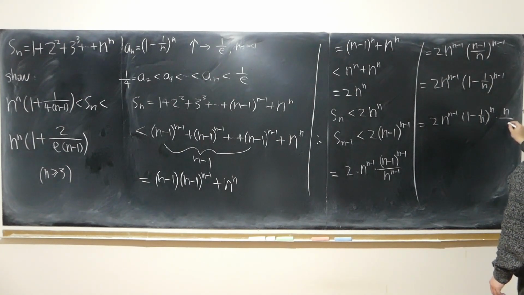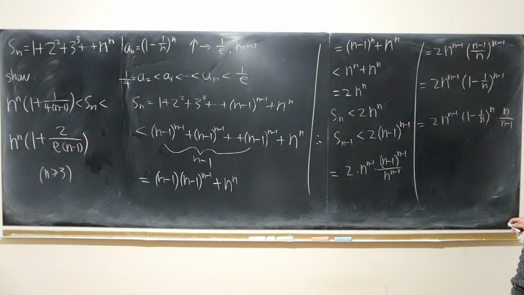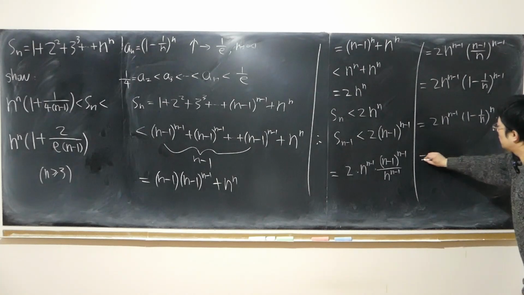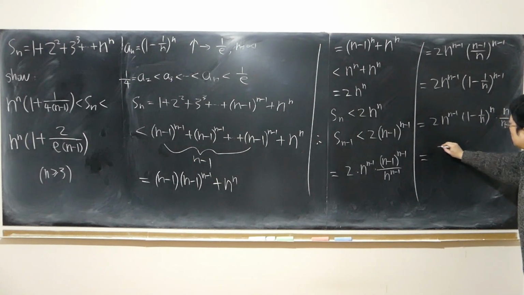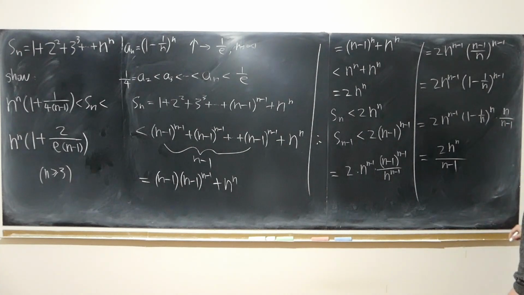I think it's n over n minus 1. All right, so this is good. So this n goes with this: 2 times n to the power of n. I move this n minus 1. Copy this: 1 minus 1 over n to the power of n.